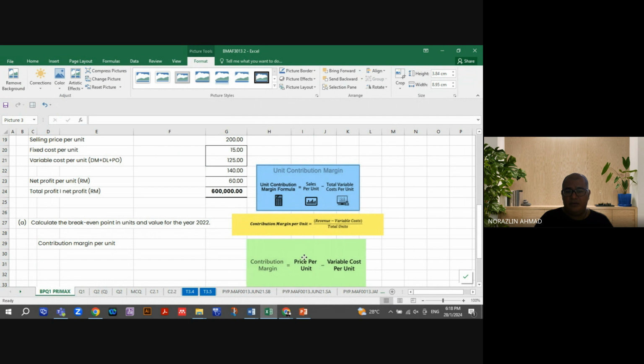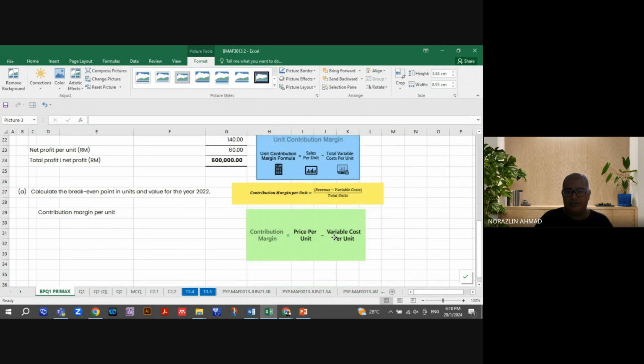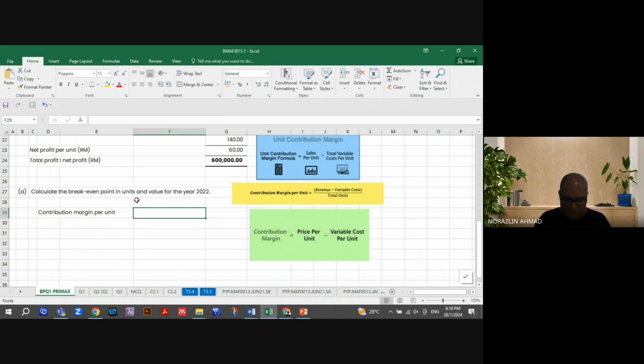The formula for contribution margin per unit is equal to selling price per unit minus variable cost per unit.